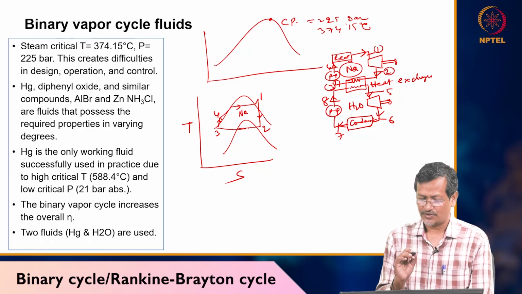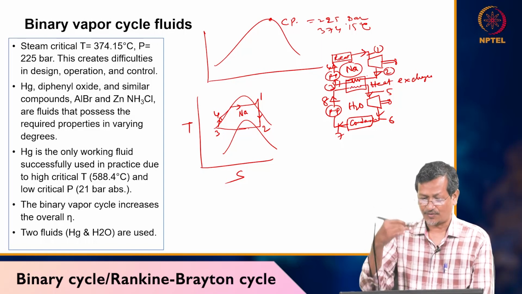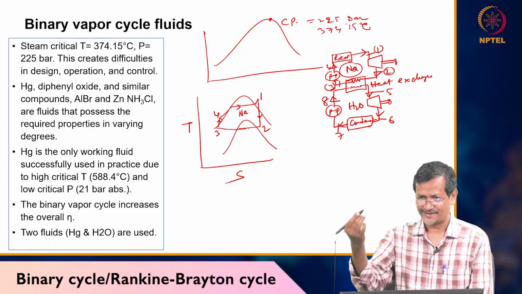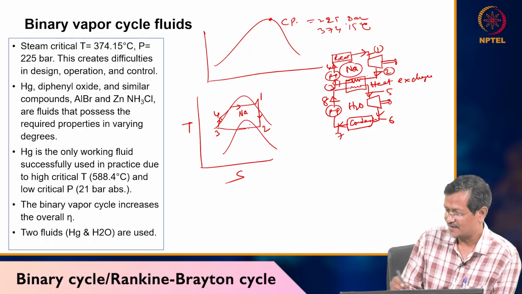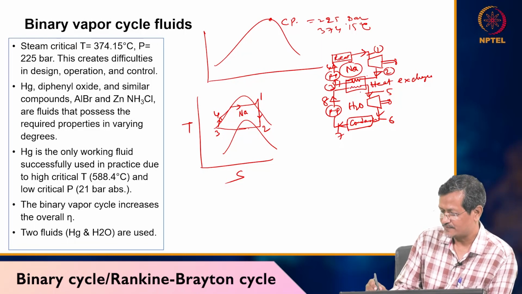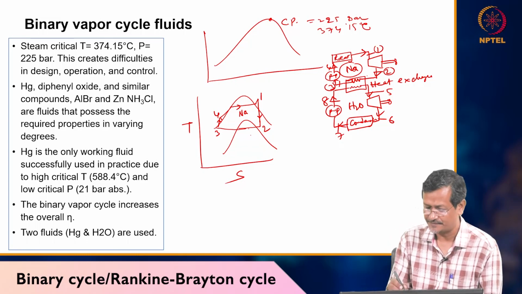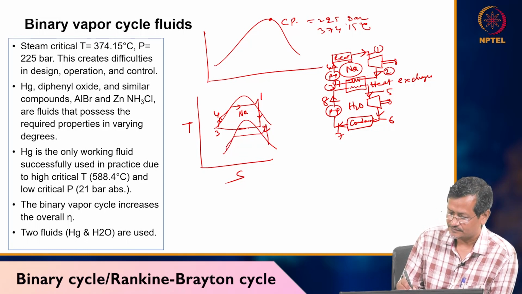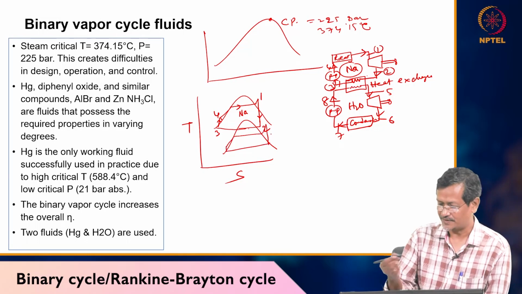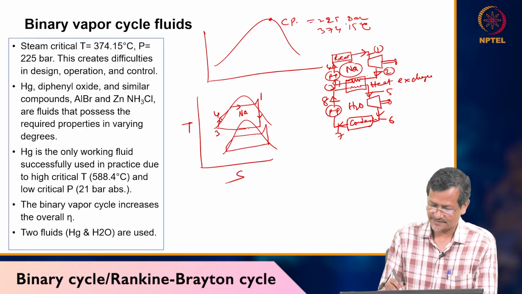Okay, now 2 to 3 the top cycle is releasing heat, so the bottom cycle will be absorbing heat. Okay, so the bottom cycle will be absorbing, so 8 to 5, right? So 8 to 5, I'm assuming everything is ideal.